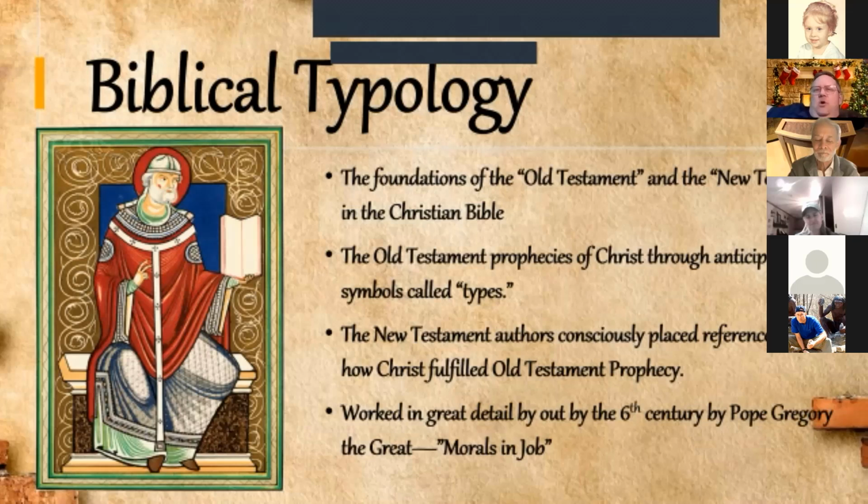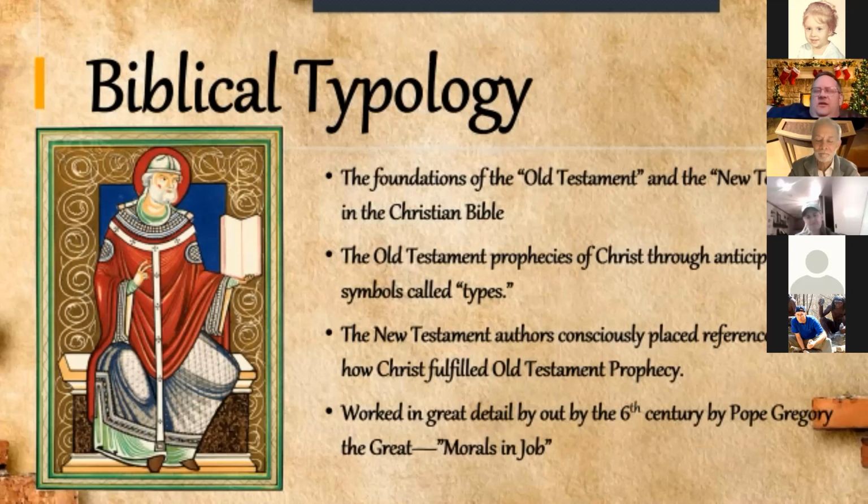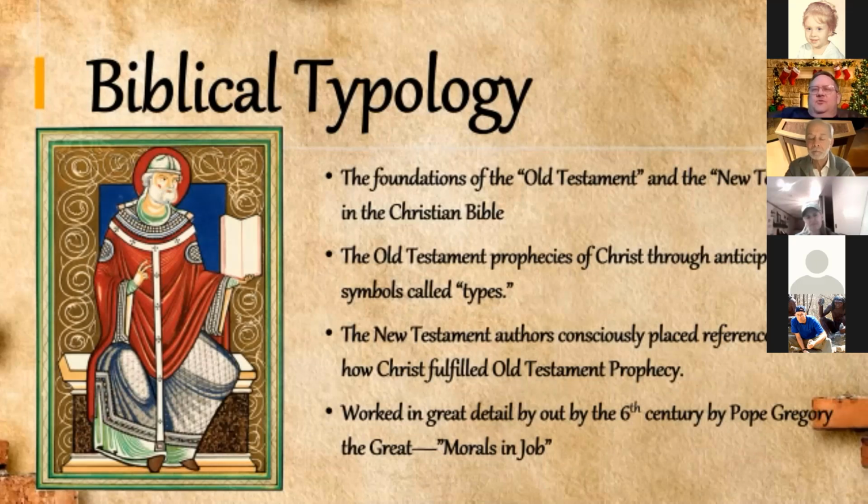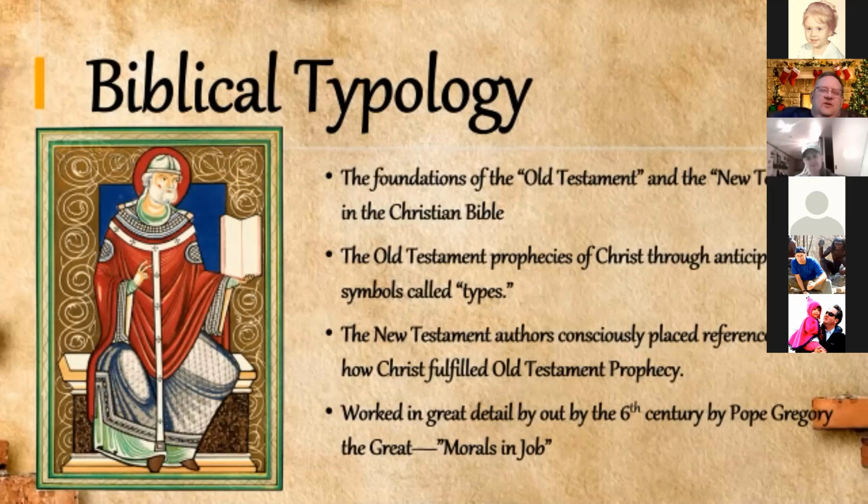So Moses is a type of Christ because he leads people out of sin and into salvation. Jonah is a type of Christ because he spends 3 days in the whale's belly and then he is resurrected. Abraham is a type of Christ because Abraham's near sacrifice of Isaac, the Akedah, is an anticipatory symbol of God's sacrifice of his only begotten son.